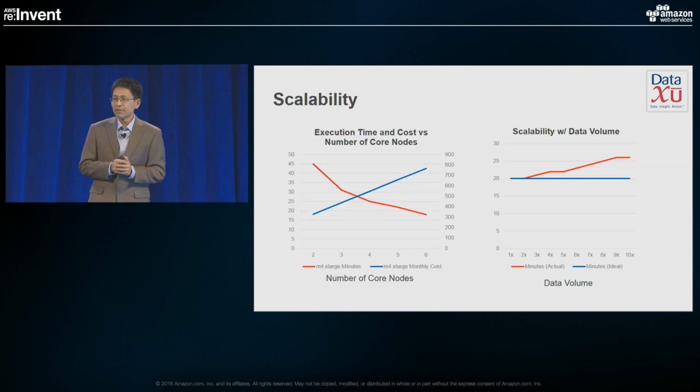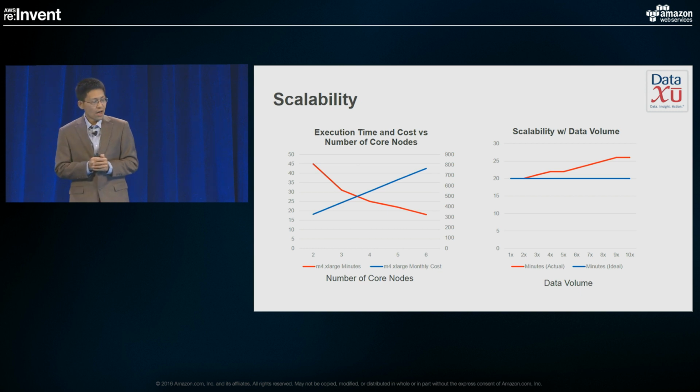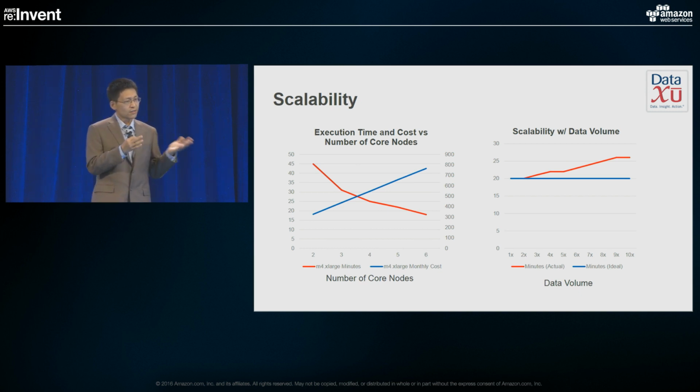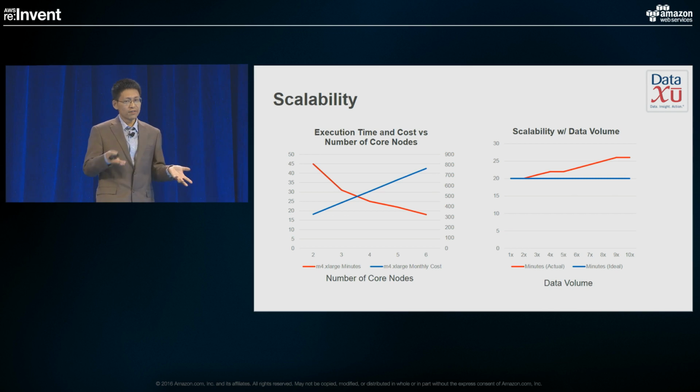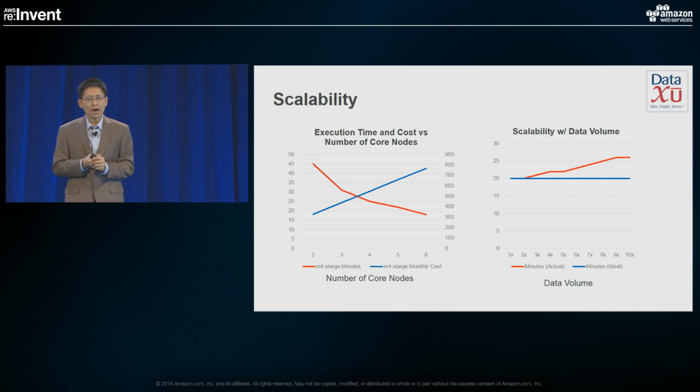In this slide, I'm showing some scalability tests. On the left side, we are looking at execution time and the cost for a different sized cluster. This is for the same data set, but we are creating different sizes of cluster from 2 core nodes up to 6 core nodes. We are looking at a range of possibilities.